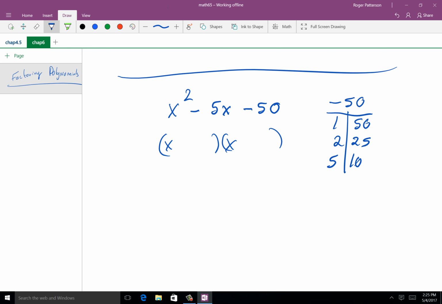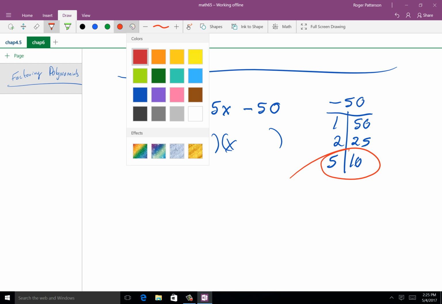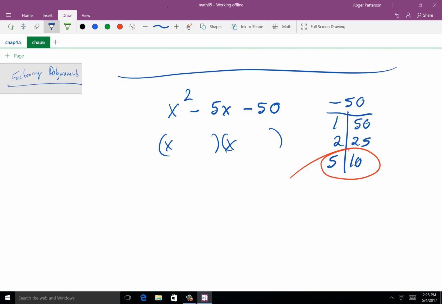When I subtract, there's my answer. One of them has to be negative, one of them has to be positive. We know that we have a negative 5x. We also know that the 10 is going to be the largest number. So there we go. The largest number is going to take on that sign. Plus 5 minus 10 going to give me negative 5.